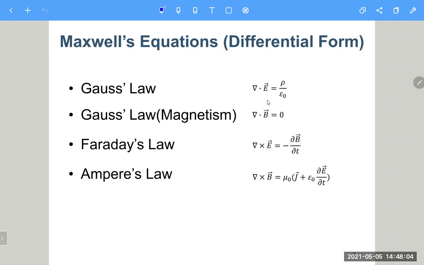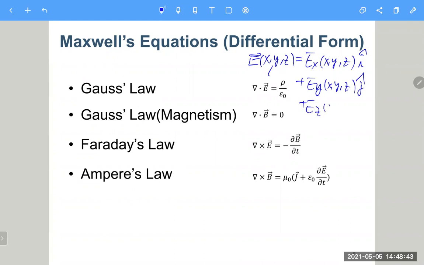And actually, you know that E and B are vector fields, which means that when you are given E of x, y, z, then for every point there will be something like Ex of x, y, z times i plus Ey of x, y, z times j plus Ez of x, y, z times k hat.